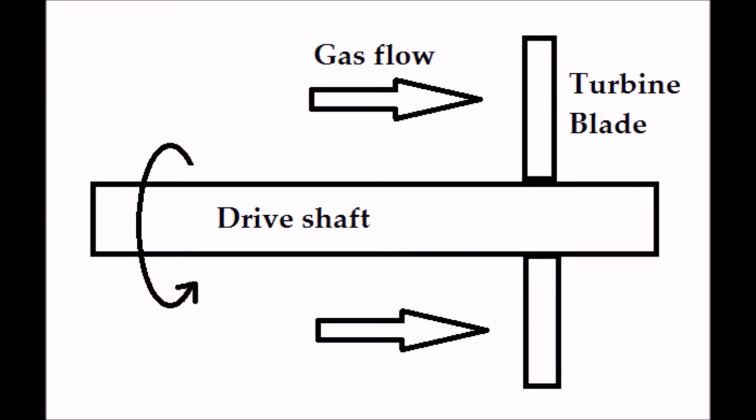But what the turbine does with this is it extracts this energy to spin the drive shaft of the engine. And it does this by converting the energy from the heat addition of the combustion products into work. And the way I like to look at a turbine is almost as if it's a windmill.